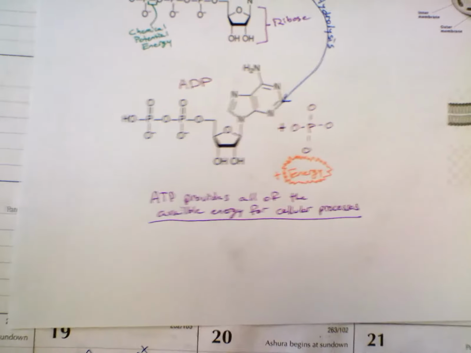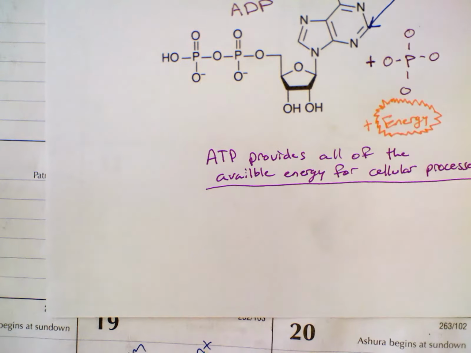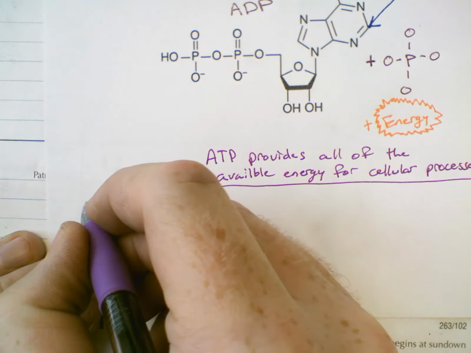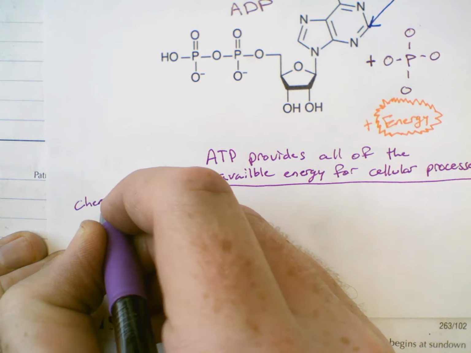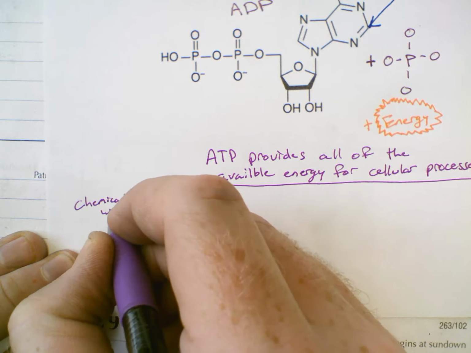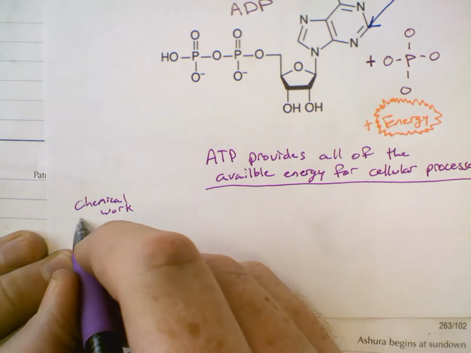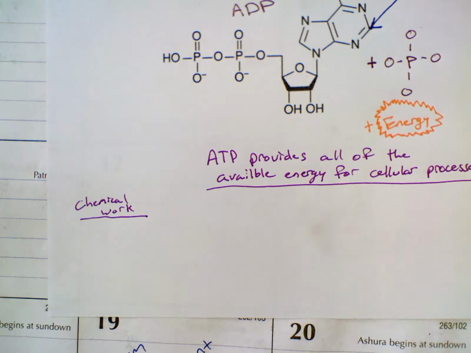Main category one would be chemical work. What I mean by this is you have a lot of chemical processes that have to occur in order for your cells to keep you alive. And these chemical processes will not occur if there's no energy to facilitate them.